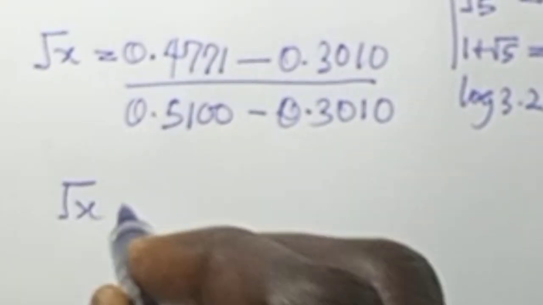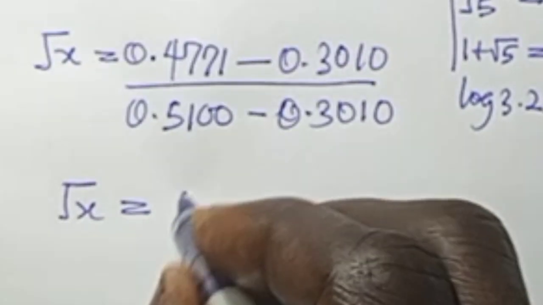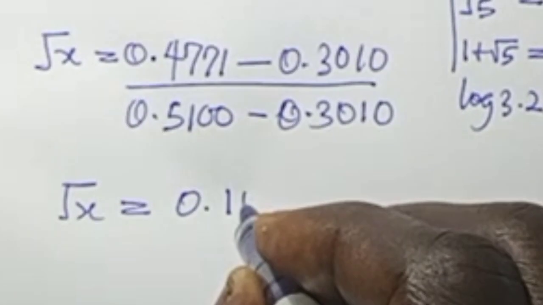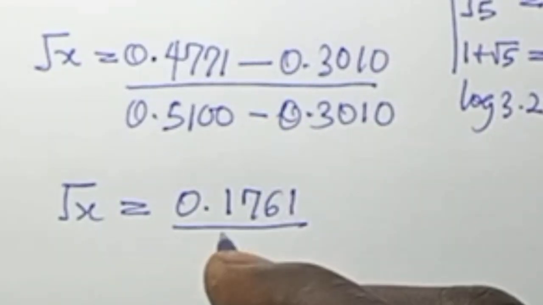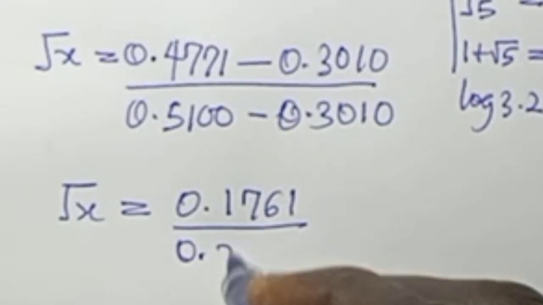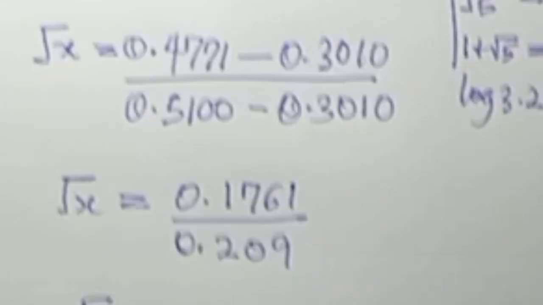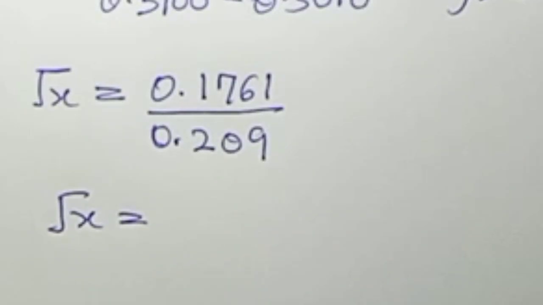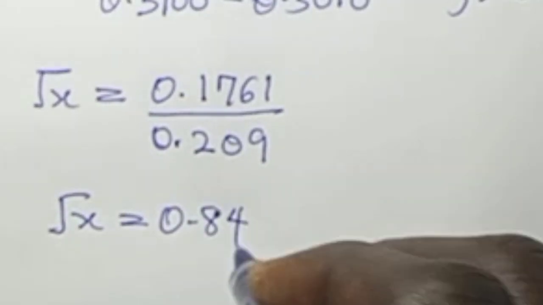So root s therefore becomes, if we subtract the numerator, we end up with 0.1761, and for the denominator we have 0.209. Root s, if you do this, is equal to 0.8426.